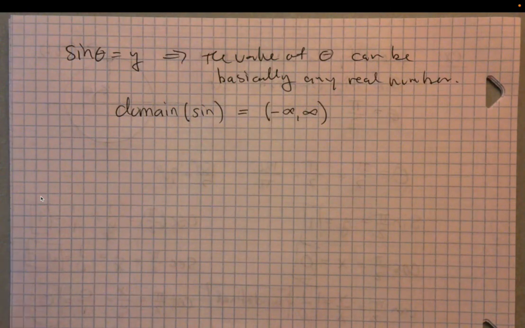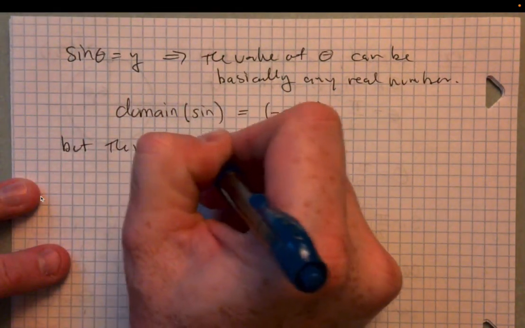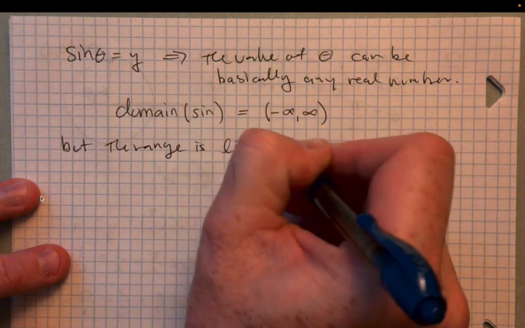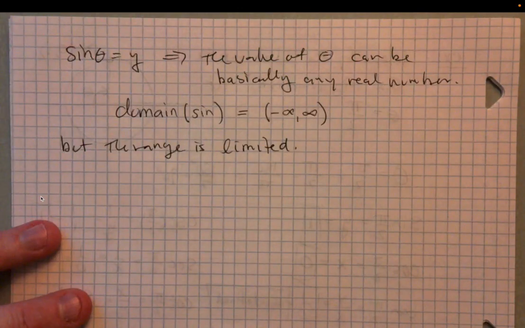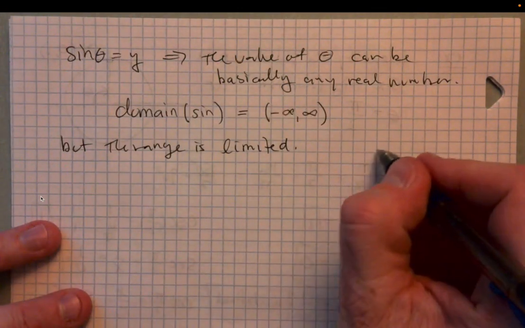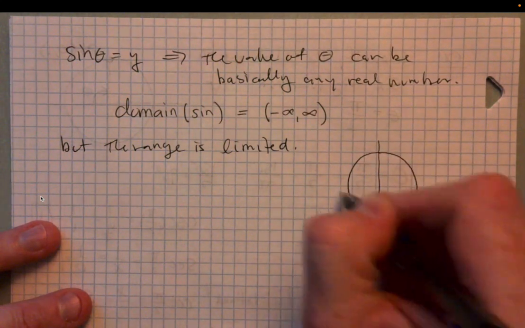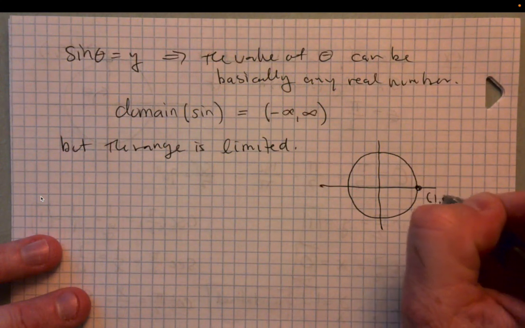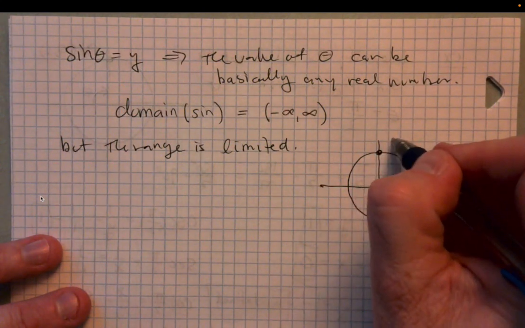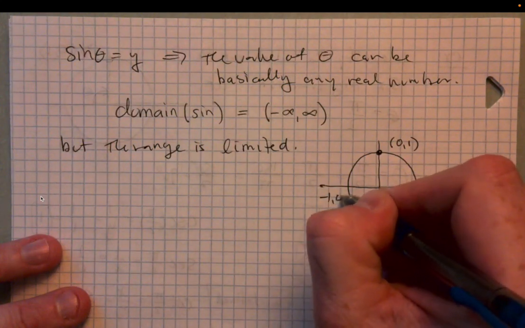But the range we know is limited, because if we think about the unit circle, here we're dealing with (1, 0). Here we have (0, 1). Here we have (-1, 0).